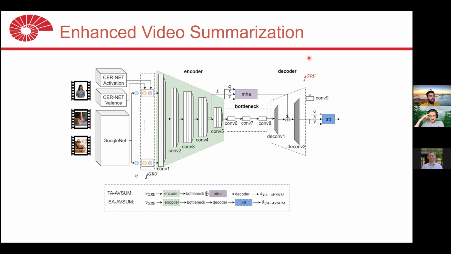That's why we employ an attention on the output where the query comes from the GRU embeddings, so we are trying to stress the affective information there. In total, we have four new architectures, and all of them are trained using weighted binary cross entropy. As I discussed, our main purpose is to come up with a sequence of binary labels for each frame.